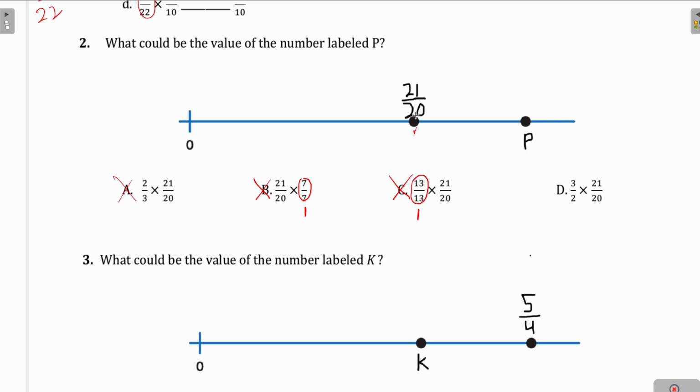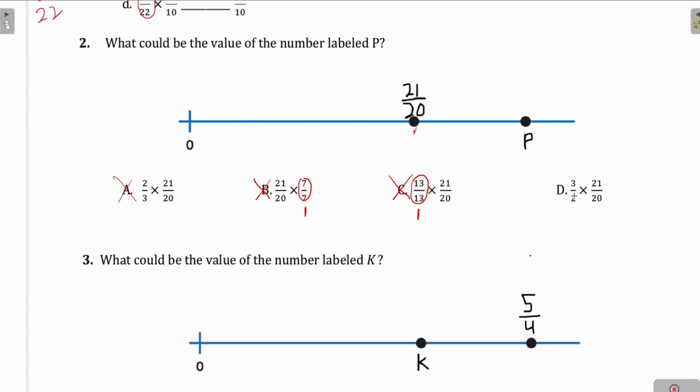Well, I know 1/2 of this is going to be over here, 2/2 will be over here, then 3/2 of it. Let's go back.